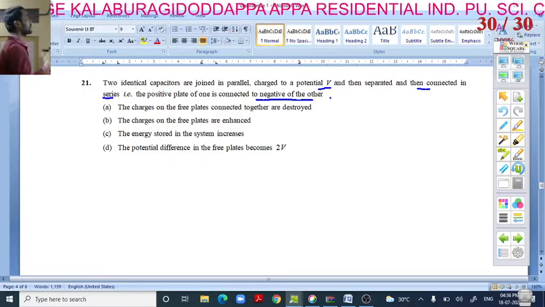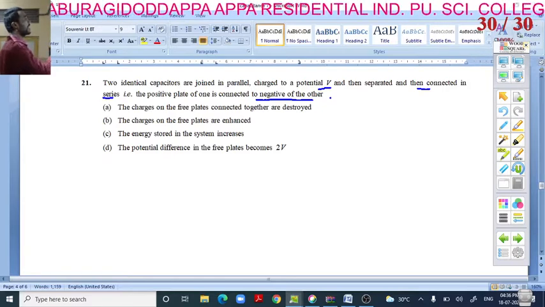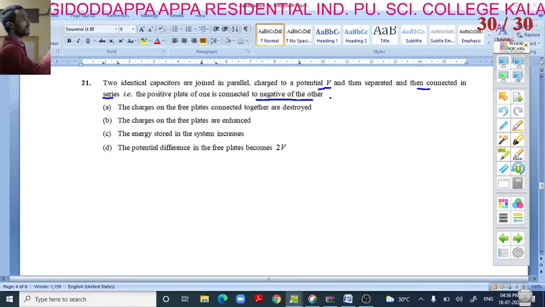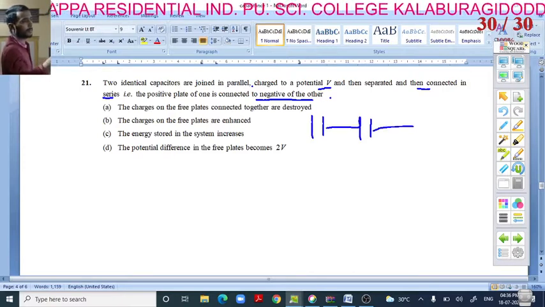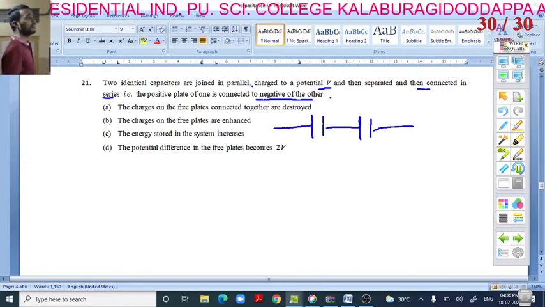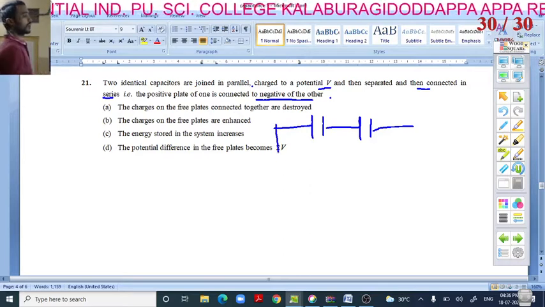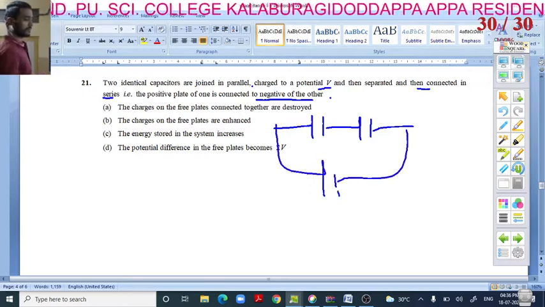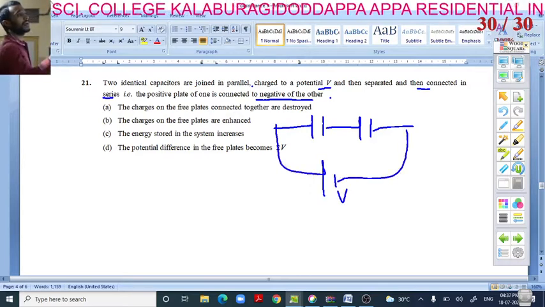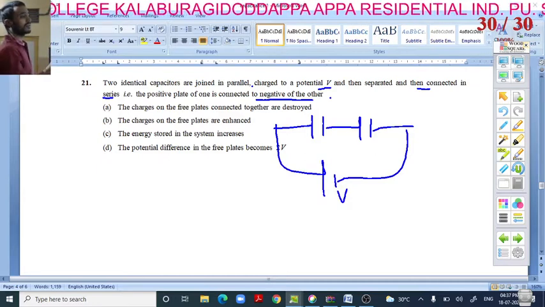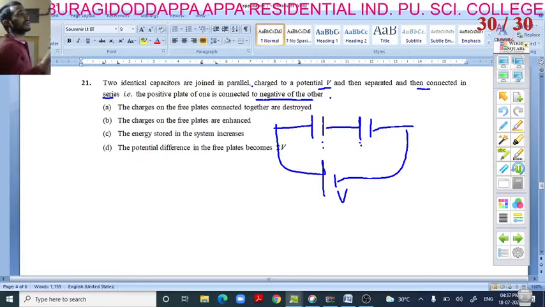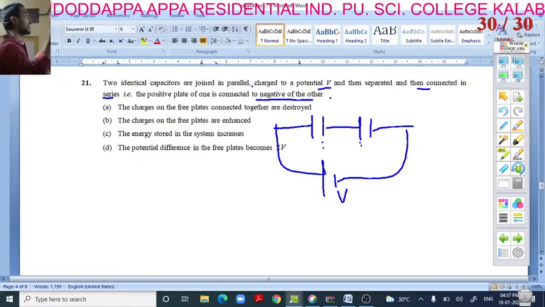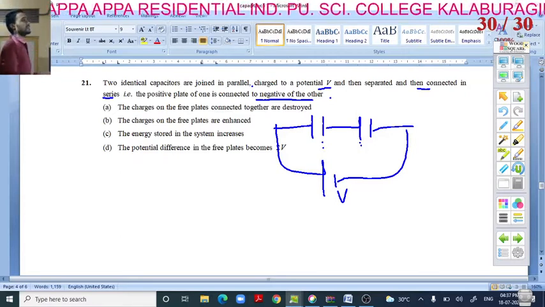So just you have to remember, two identical capacitors are joined in parallel like this, charged to a potential, then these two are separated, then connected in series.